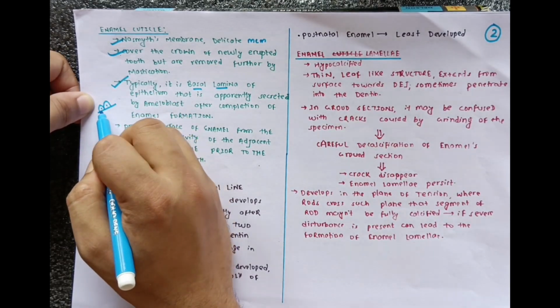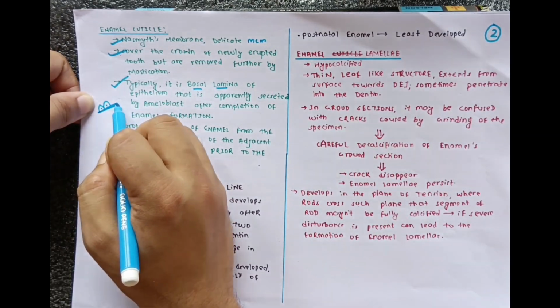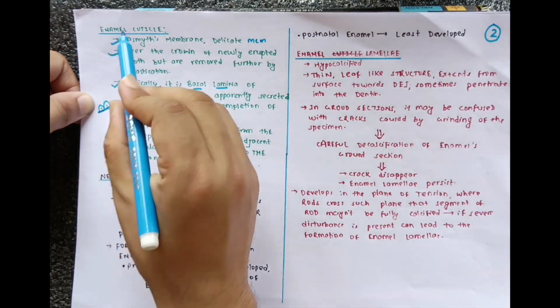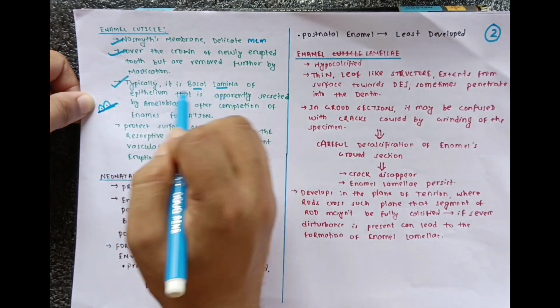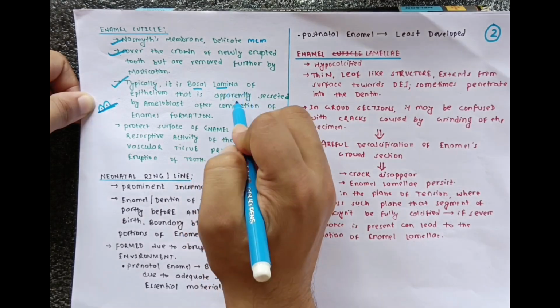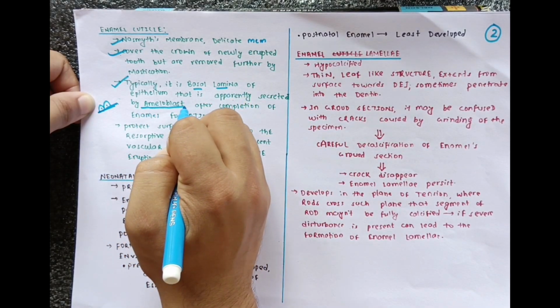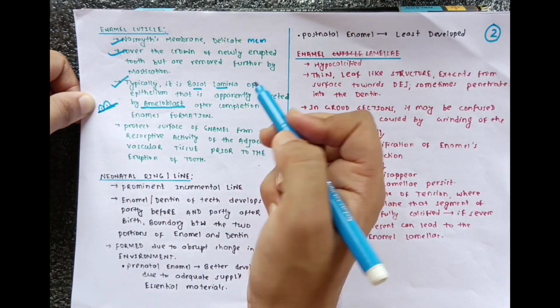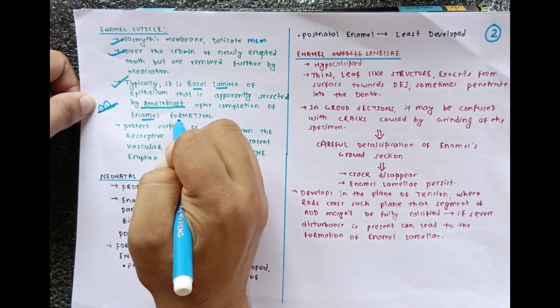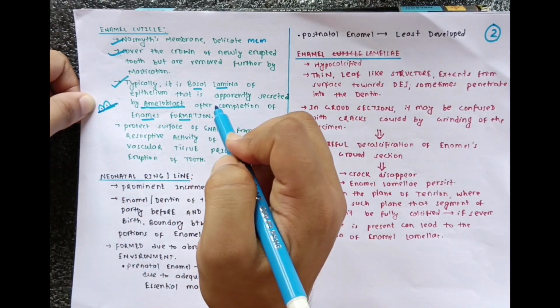Think that this is the epithelium and this is a basal lamina or the basement membrane of the epithelium. Ameloblasts secrete that basal lamina after the completion of the enamel formation. So just for now, remember this.